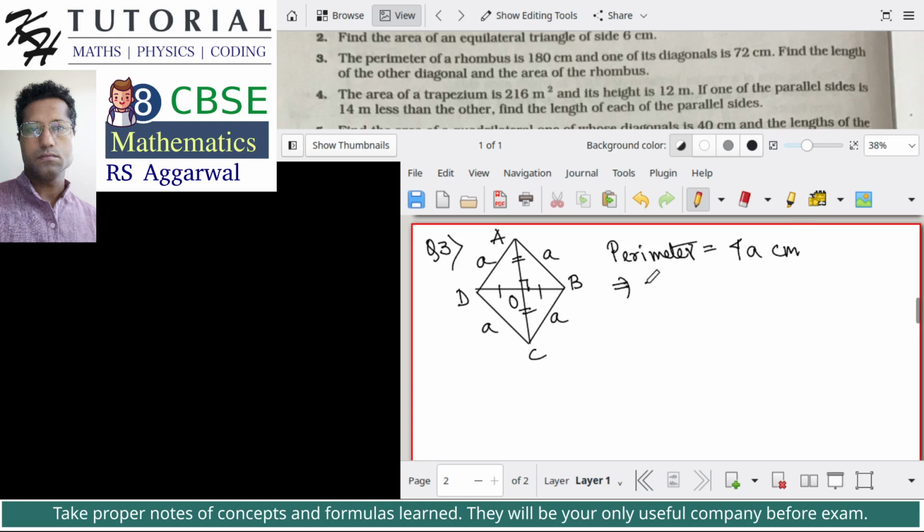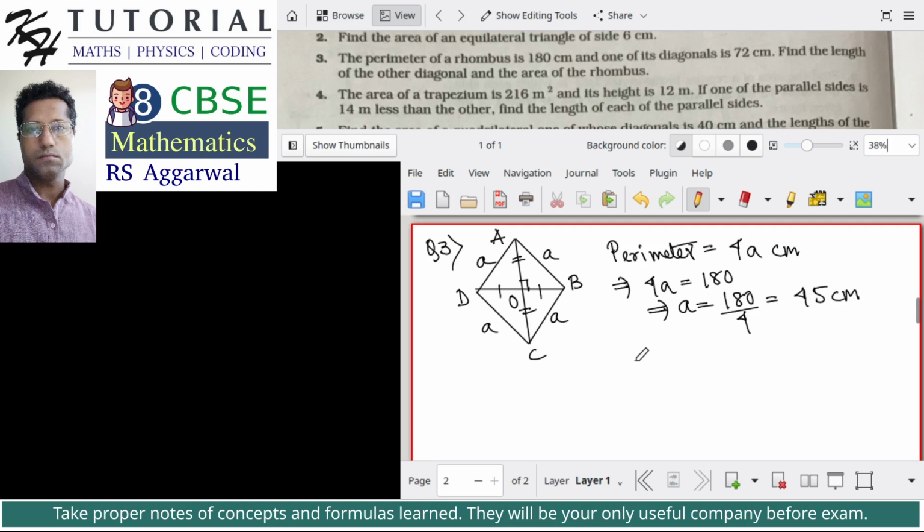So 4A is equal to 180. This implies A is equal to 180 by 4, which is 45 centimeter. So each side of the rhombus is 45 centimeter.